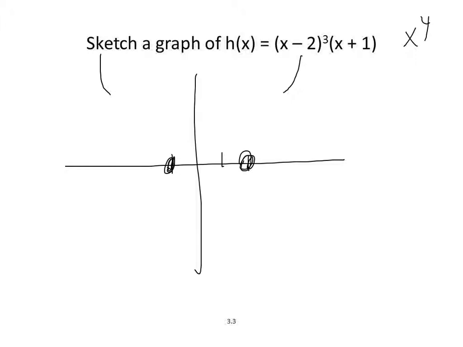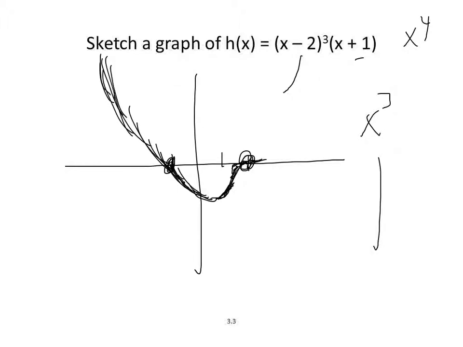This one is to the 1st power, so it's going to come down and pass through negative 1. Then, since the only other zero is at x equals 2, it's going to come up and flatten out, because remember, y equals x cubed, and it's trying to imitate that. It flattens out and then heads up to infinity.